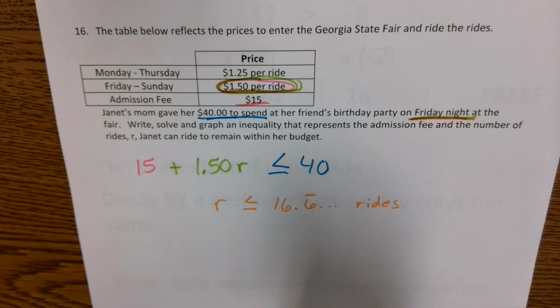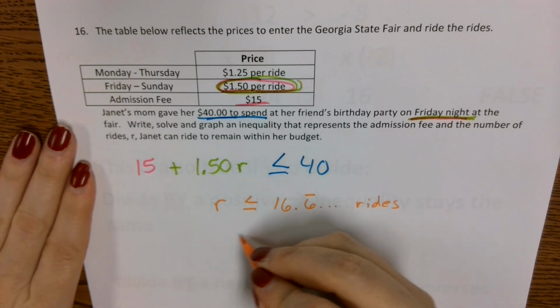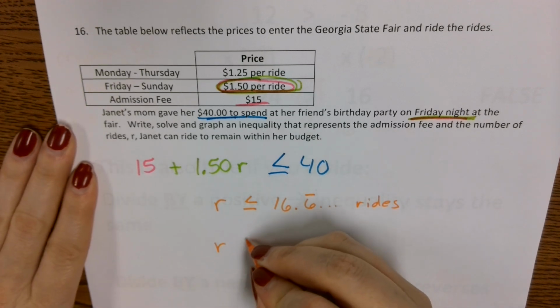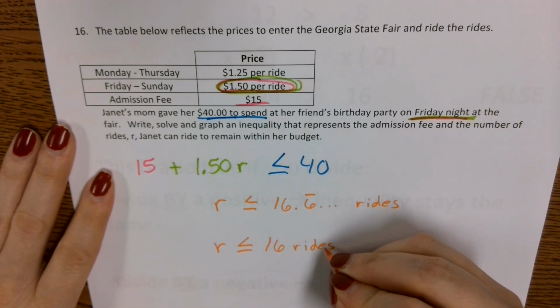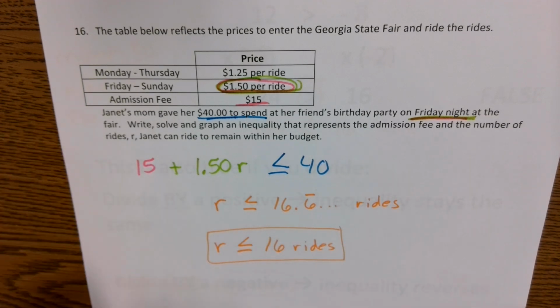You have to go below that value. So we're going to estimate it down. Less than or equal to 16 rides. So 16 rides is the most that she's going to be able to ride to still stay at $40 or less. Okay?